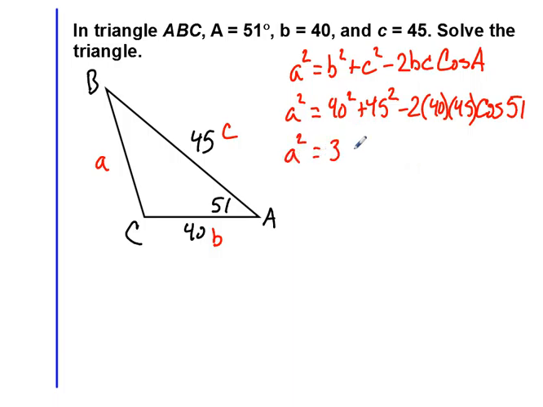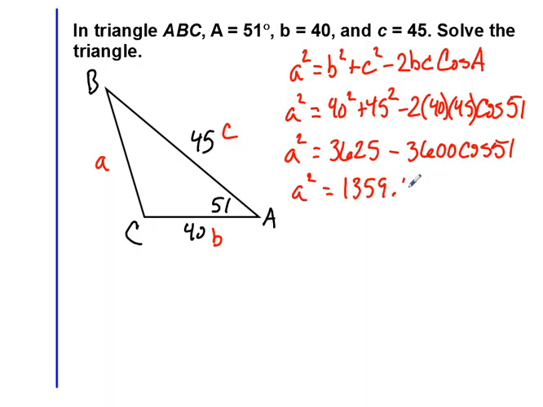I'm getting some pretty rather large numbers, but just go with it. I end up with A squared is equal to 1,359.4. And don't forget to square root both sides. And I get 36.9, which is rounded, for our A side.